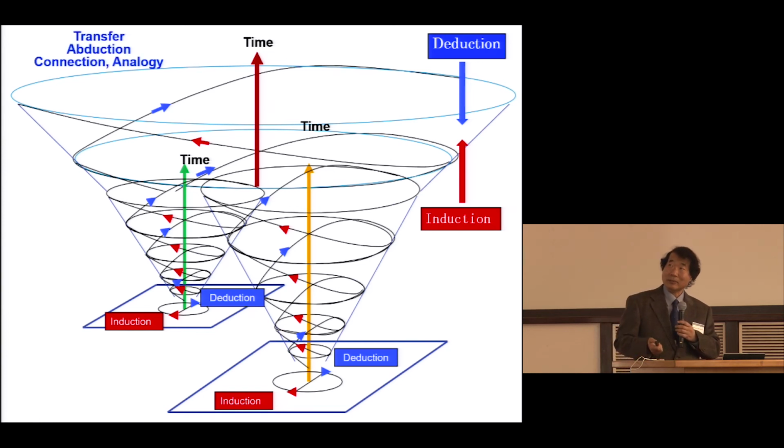This is transfer or abduction. So if each cycle, spiral is represented by a circle, starting from negation, it can divide into opposition, which is relating to expansion.